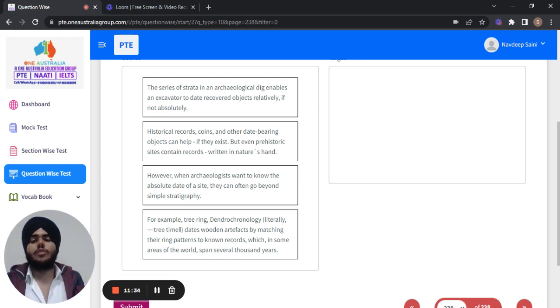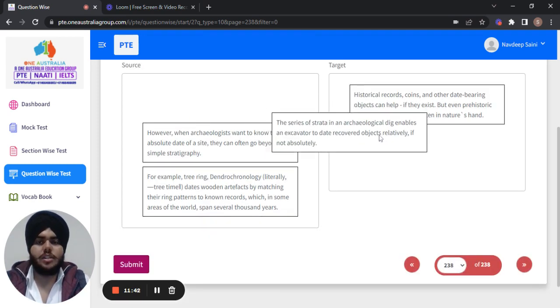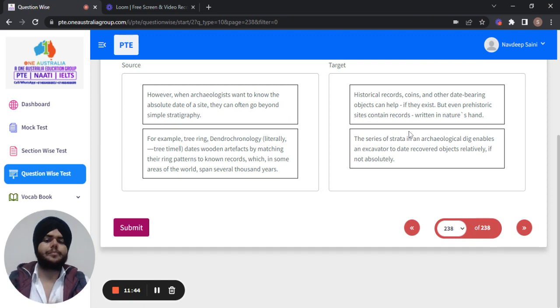Okay, so from the first look, I can see that these two are not independent sentences, right? Here we have got historical records and we have got the series of strata. Let's try to see if with these two any line follows up perfectly, right?